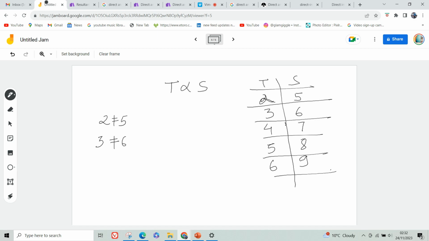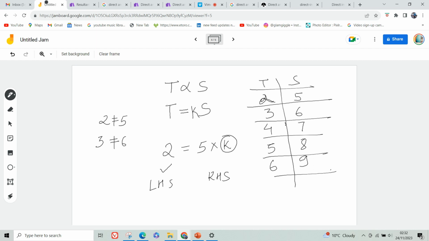Now if you want to make it equal, you have to write some constant K. Which means if you want to make 2 equal to 5, you have to multiply it with some constant K, so that the left hand side becomes equal to the right hand side.